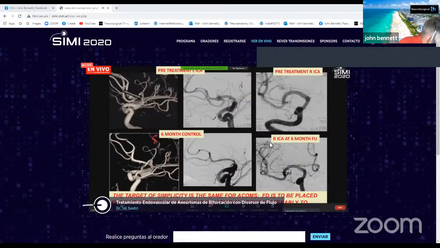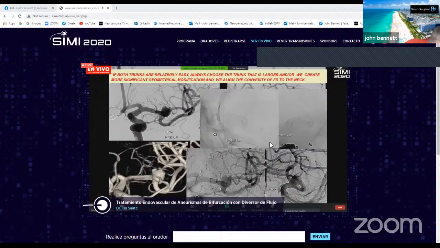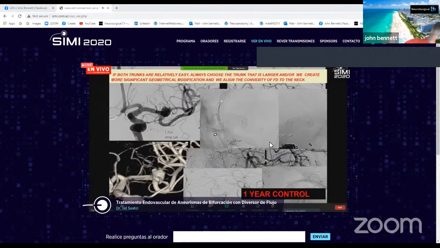If both trunks are relatively easy, we always choose the trunk that is larger, or where we create more significant geometrical modification. In this case, we placed the flow diverter to the inferior trunk, and here is the 1-year control.